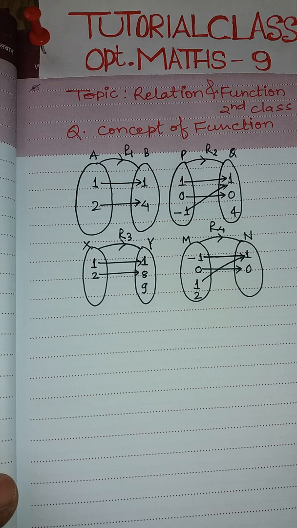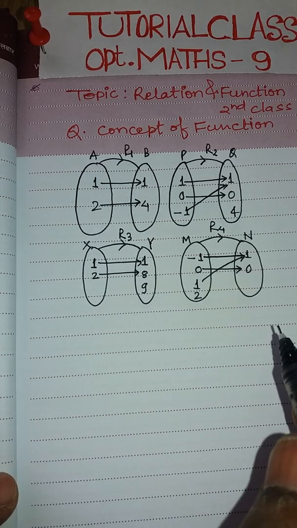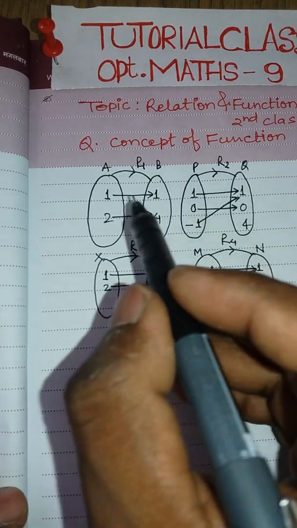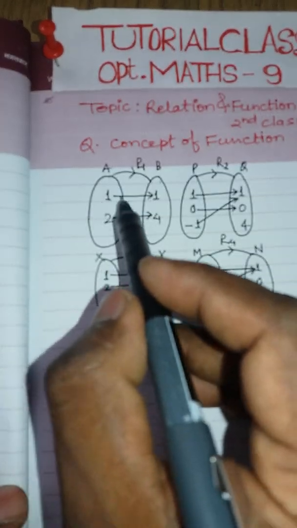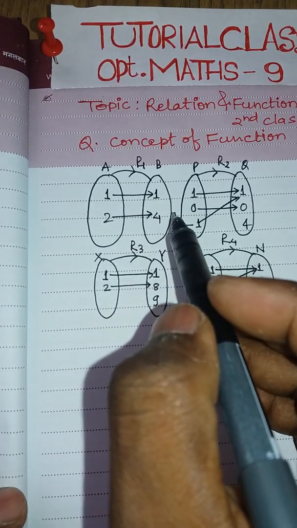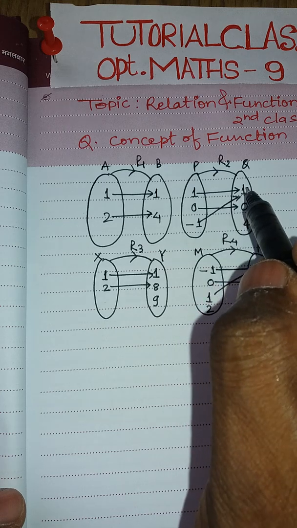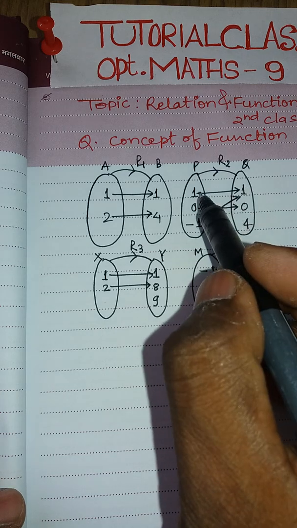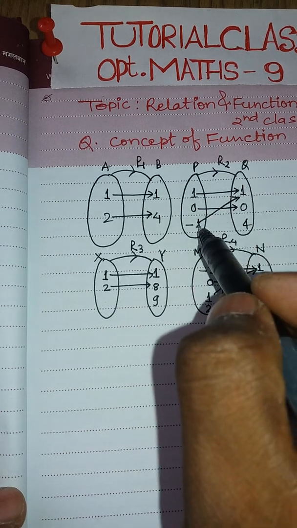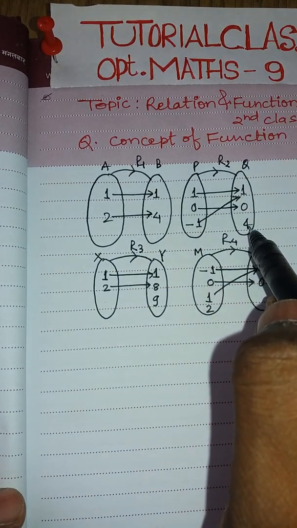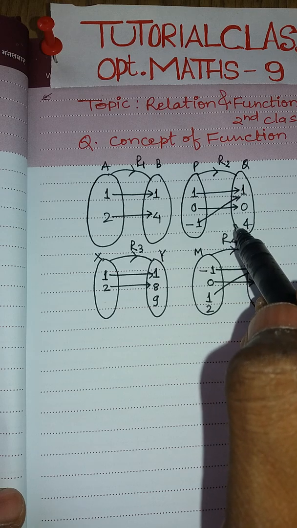Here all of them are relations, and when we go through the relations, let's see what we are getting here. All the elements of first set are mapping with the elements of the second set. Here also all three are mapping with one element of the second set. 1 is mapping with 1 and minus 1 is also mapping with one element. 0 is mapping with one element, but it has no pre-image.